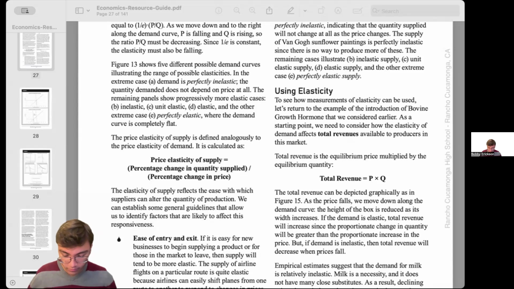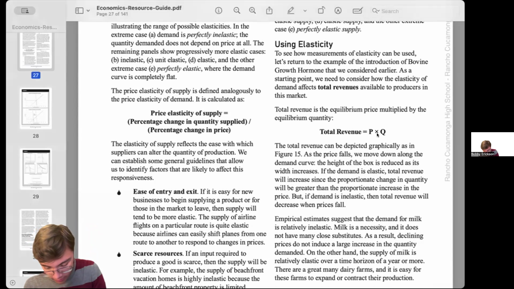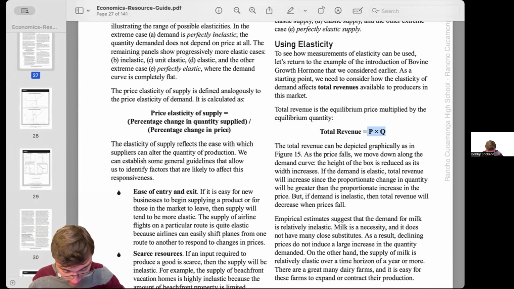So how do we find total revenue? Well, most people usually know this, but it is price times the quantity. So we have price times the quantity, and it can be shown in figure 15 here.